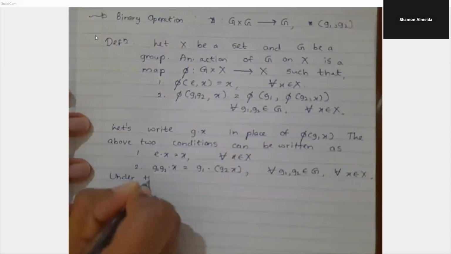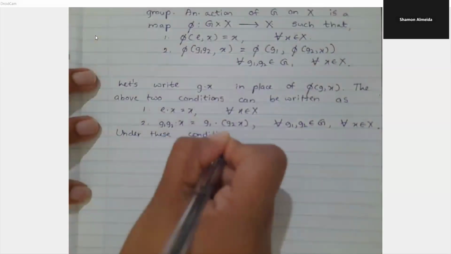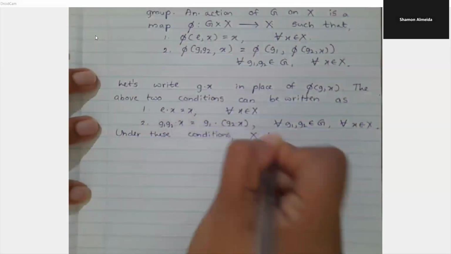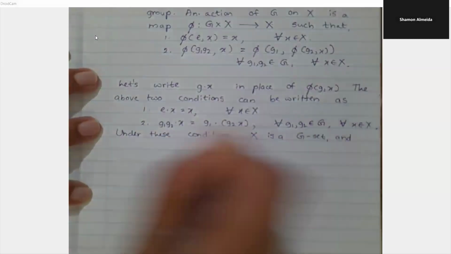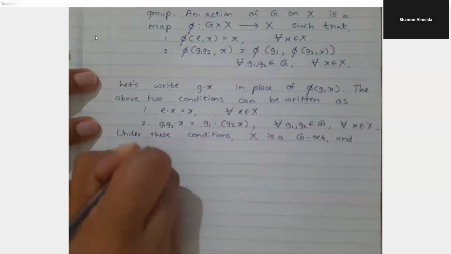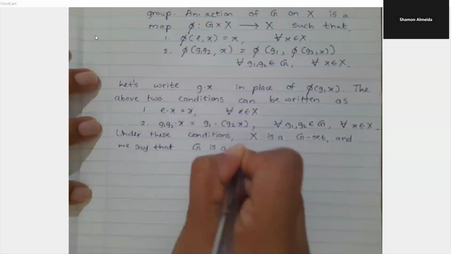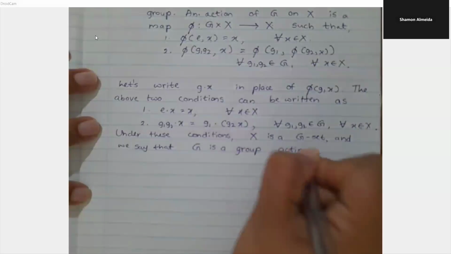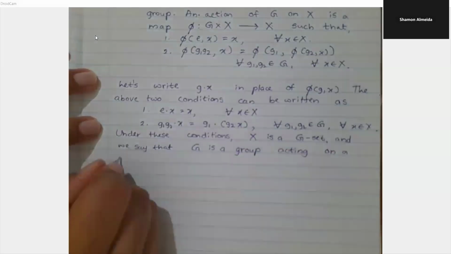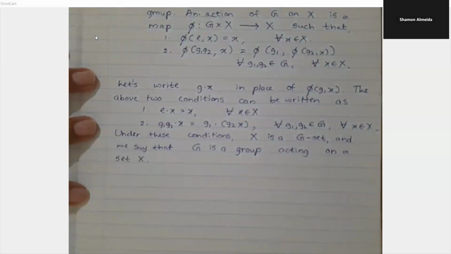Under these conditions, X is a G set and we say that G is a group acting on a set X.